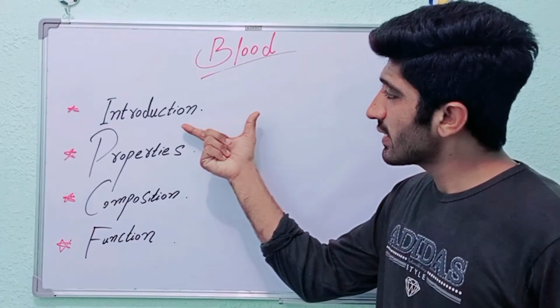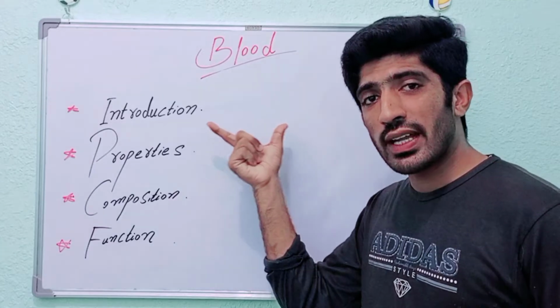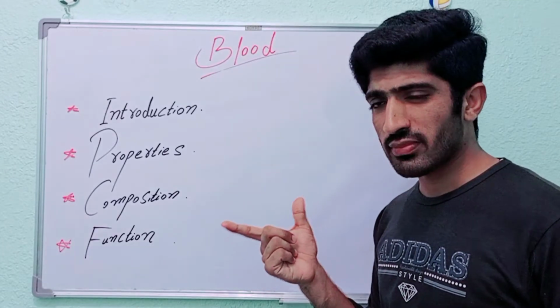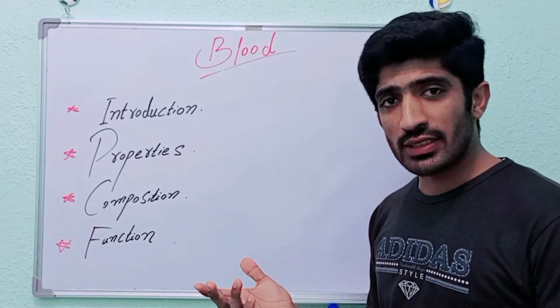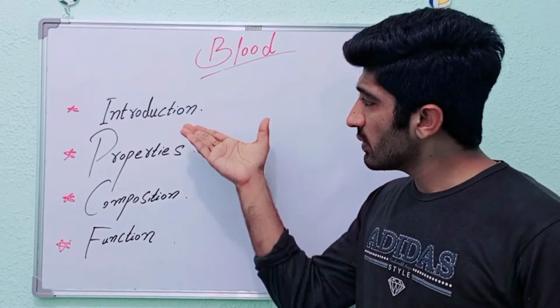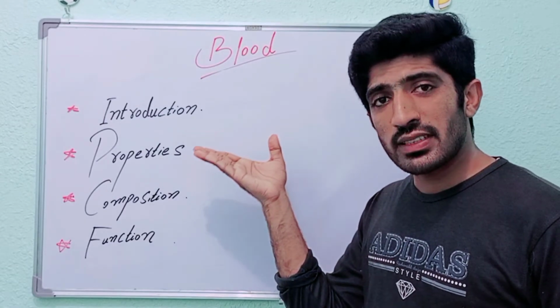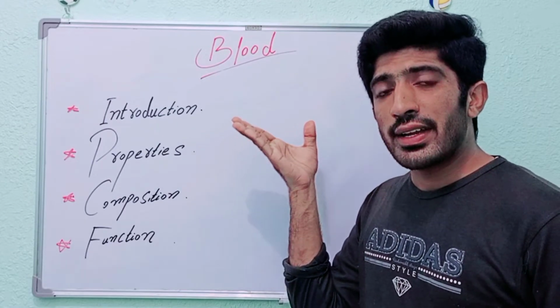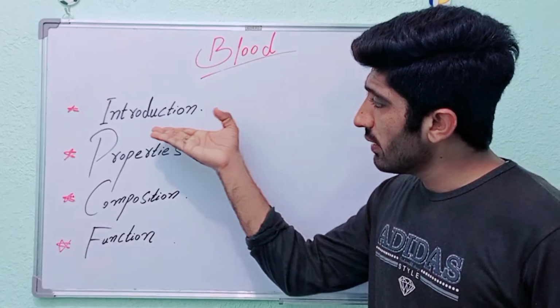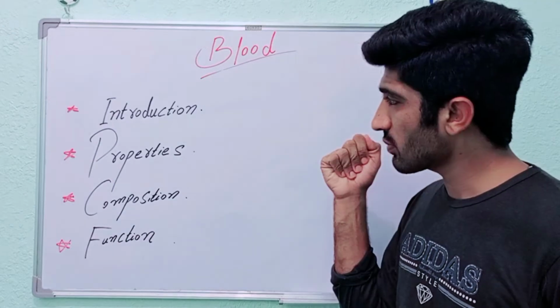It carries oxygen, nutrients, proteins, vitamins to the tissues and cells of our body, because our tissues and cells are busy every time in metabolic activities, and for these activities they need proteins, vitamins, nutrients, and oxygen. So blood provides them all these requirements.